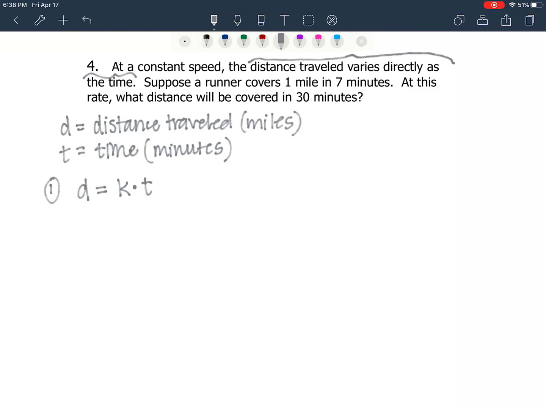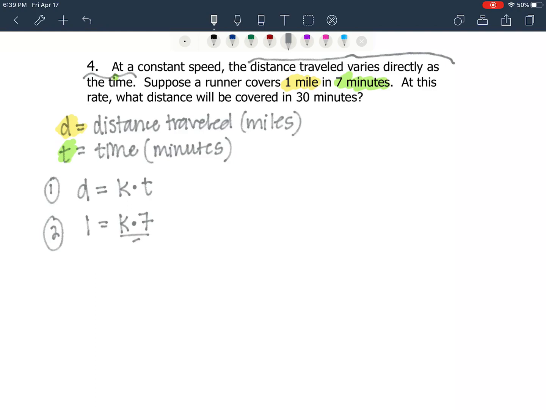Now it says, suppose a runner covers 1 mile in 7 minutes. So I'm going to use some highlighters here. Distance traveled, that's miles. That's going to be 1 mile. Time is 7 minutes, right? So when I write this down, they're giving me a distance of 1 mile equals K times 7.